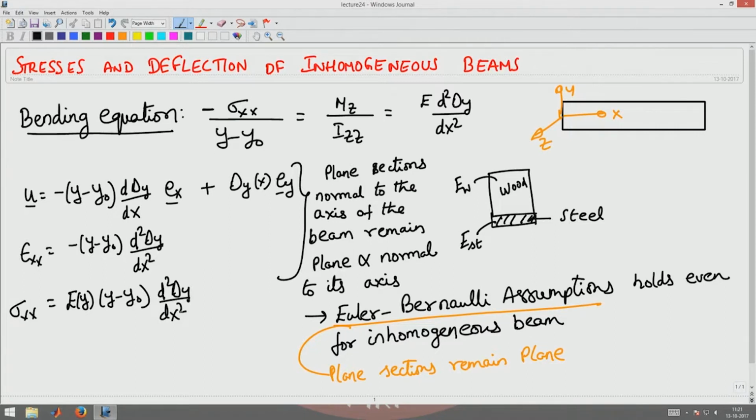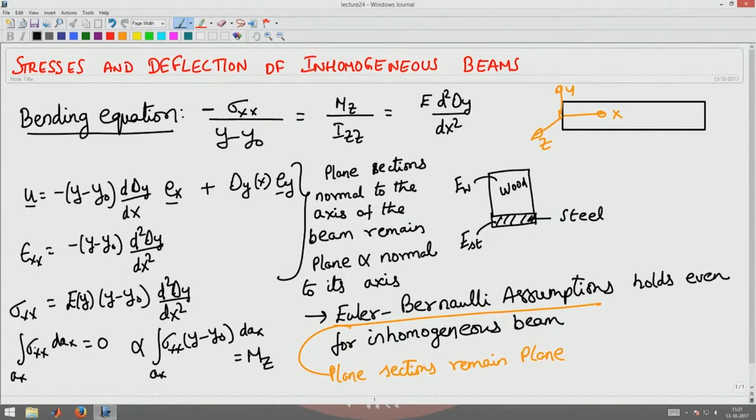Then we employed the two equilibrium equations, namely integral of sigma xx dAx over Ax has to be equal to 0, that is no net axial force applied on the cross section, and the integral of sigma xx into (y minus y naught) dAx over the cross section area must be equal to the applied moment Mz at that cross sectional location. When E was a constant, we pulled the Young's modulus outside the integration.